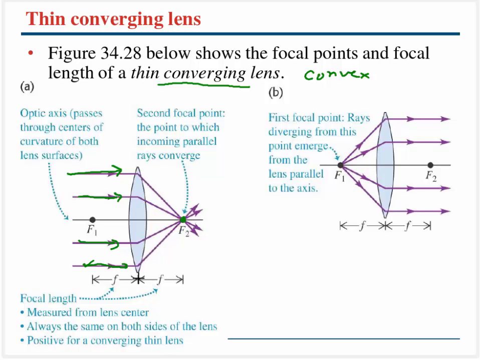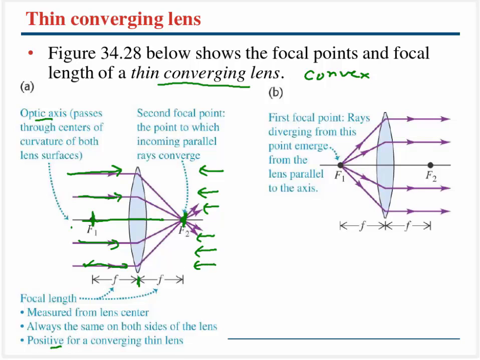And this focal length is going to be the distance from the center. We're going to have this optical axis, and it's going to pass through the center, splitting this lens in two. And we're actually going to have two focal points, one on this side of the lens and one on this side, because you could conceivably pass light into this lens from either direction.